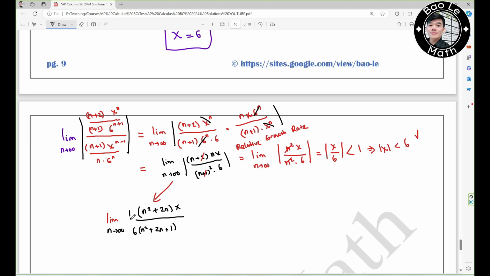Alright, absolute value. I just factor n squared out, so it could be the limit as n approaches infinity. Factor n squared out, so it could be n squared times parenthesis 1 plus 2 over n times s over 6 times n squared, times 1 plus 2 over n plus 1 over n squared.